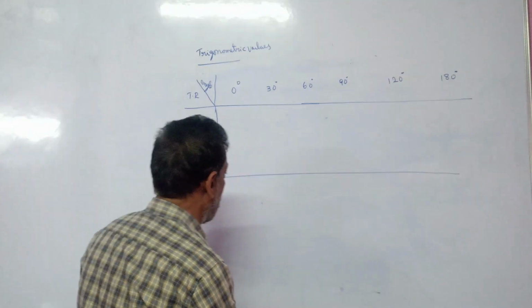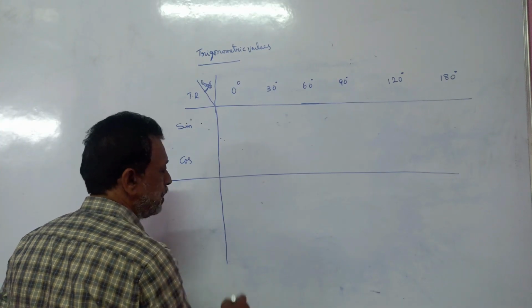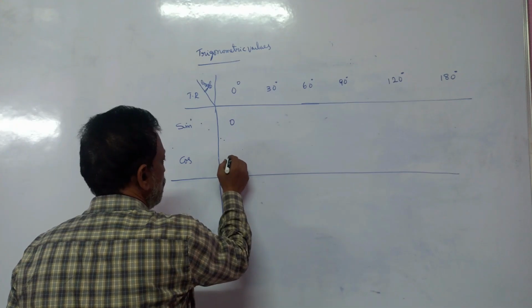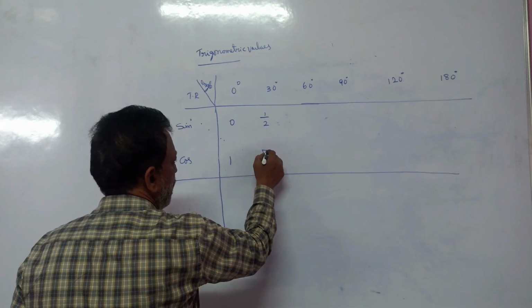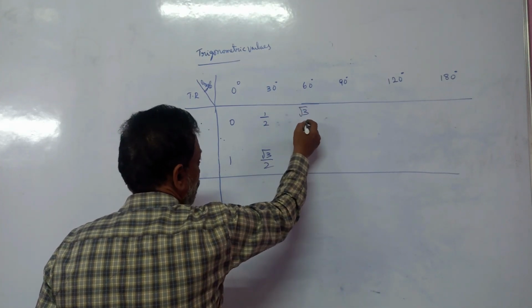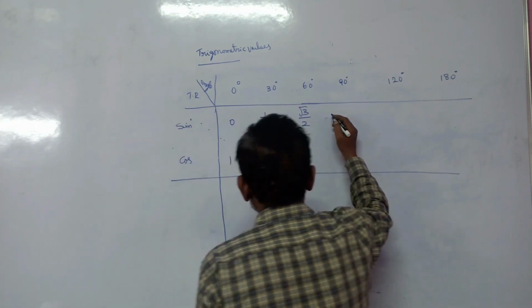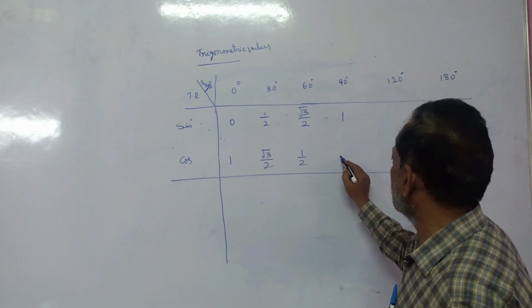Once you know sin and cos, the rest is based on sin and cos functions. So sin 0 is 0, cos 0 is 1, sin 30 is 1 by 2, cos 30 is root 3 by 2, sin 60 is root 3 by 2, cos 60 is 1 by 2, reverse. Sin 90 is 1, cos 90 is 0.